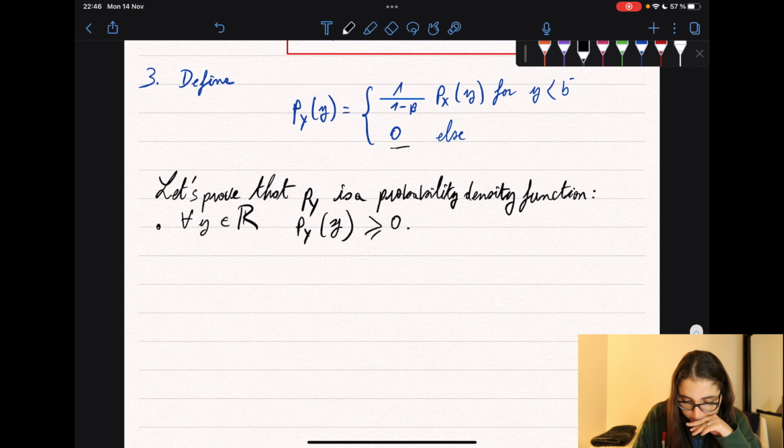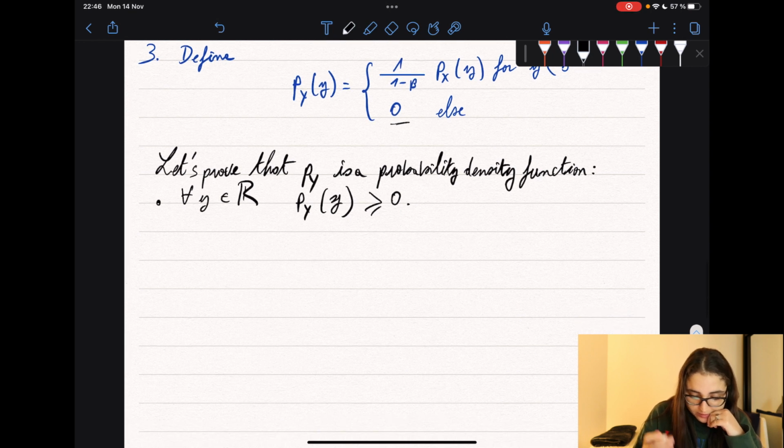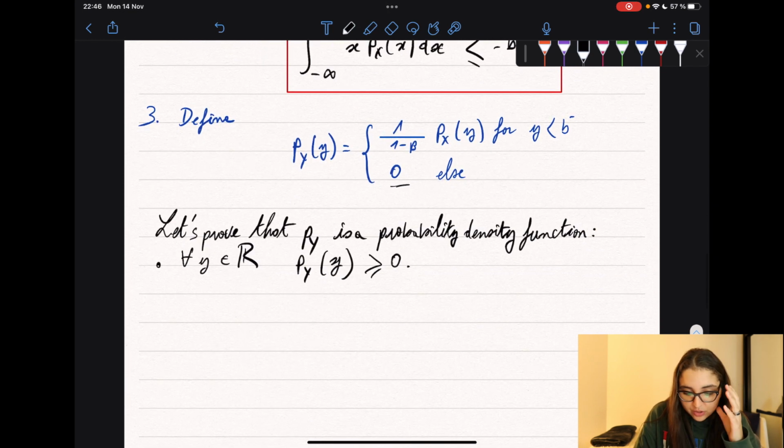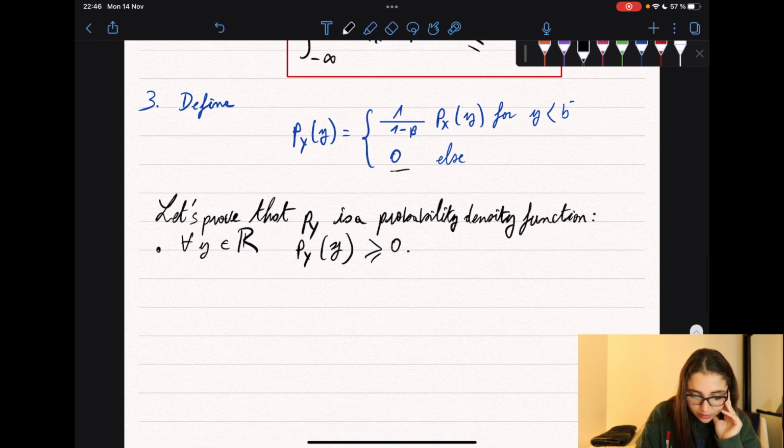This is the one that we need to prove is higher than 0. So we're just going to do a quick back of the napkin math to show that this is actually true. And actually, it's quite simple. It has to do with the definition of beta, obviously.